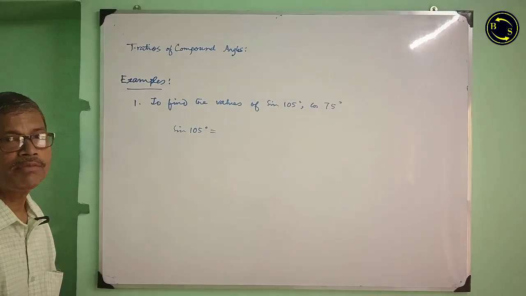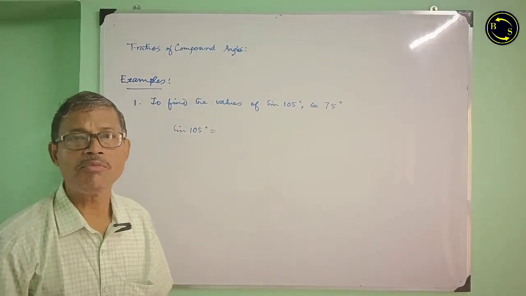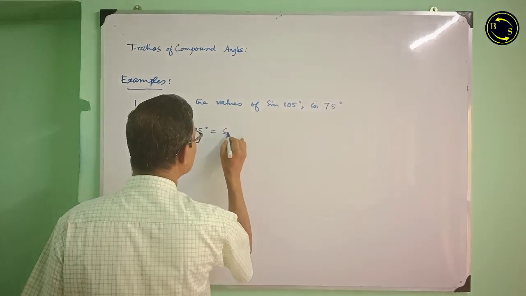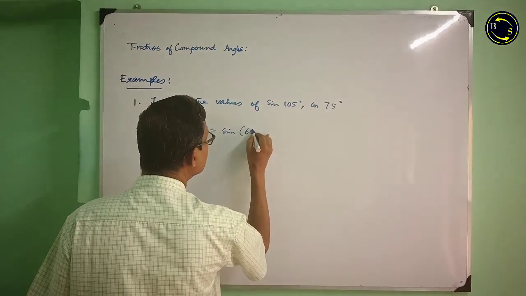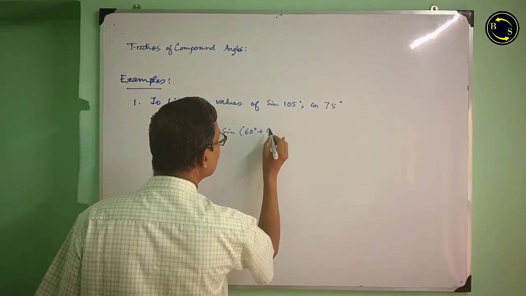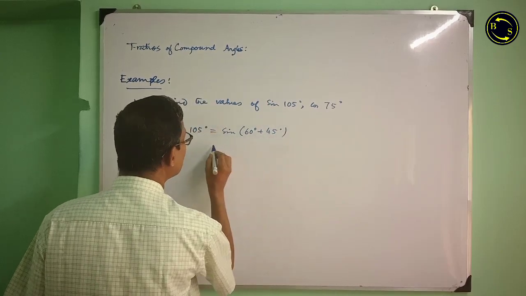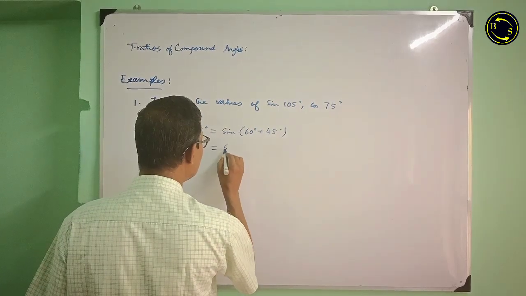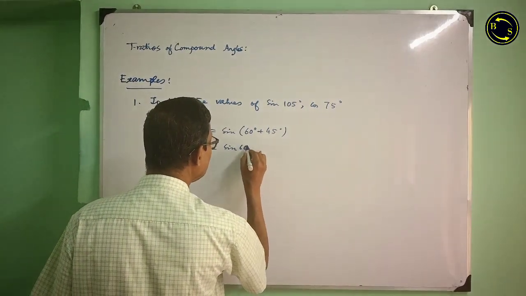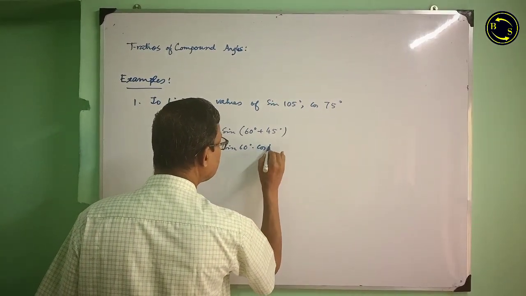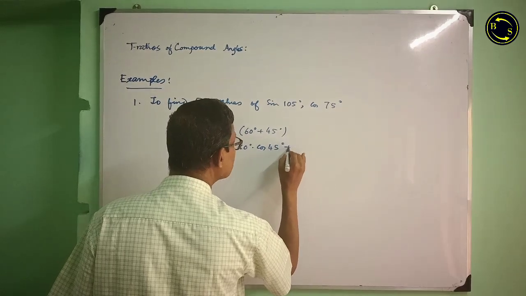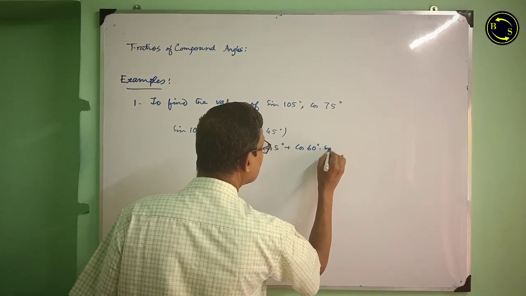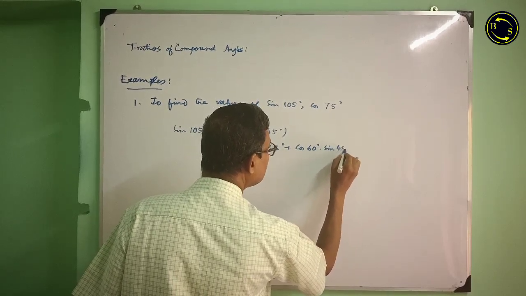Now 105 degree can be written as sum of 60 degree and 45 degree. That means sine 60 degree plus 45 degree. And as per identity we have learned, this is equal to sine 60 degree cos 45 degree plus cos 60 degree sine 45 degree.